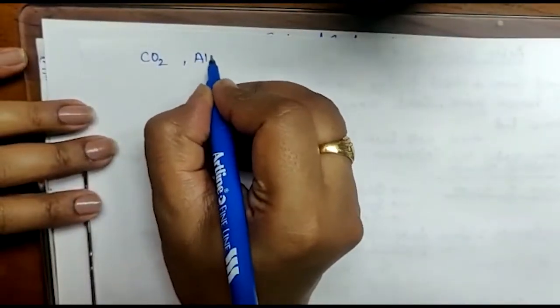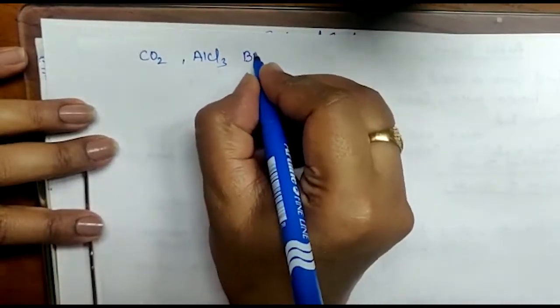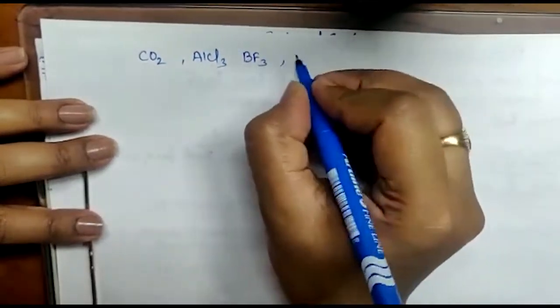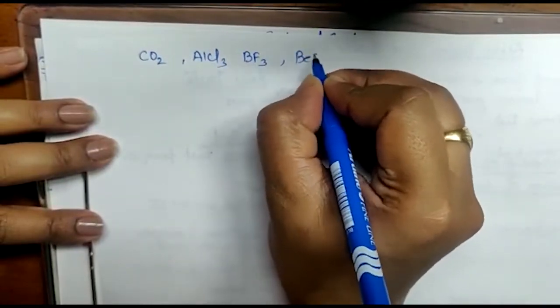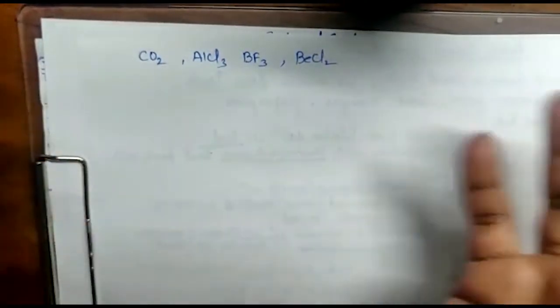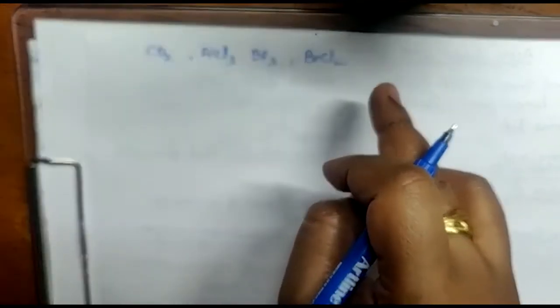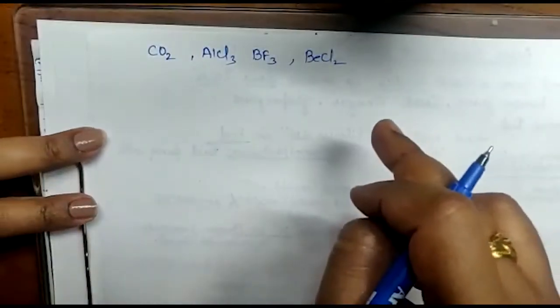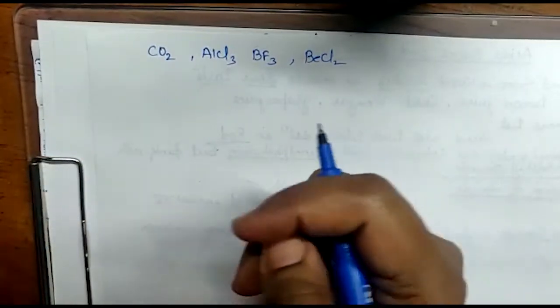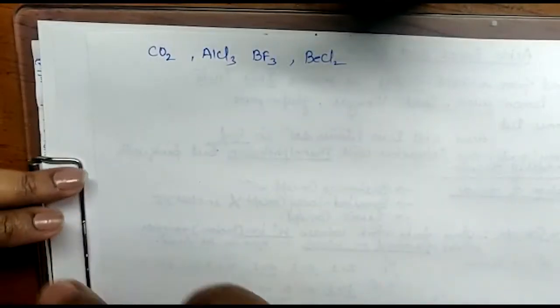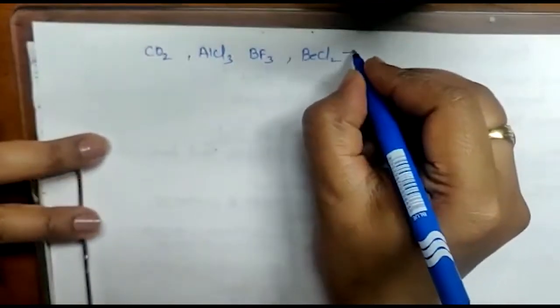So how? Like AlCl3. These are a few examples, like BF3, BeCl2. There are so many compounds which don't have hydrogen. If they don't have hydrogen, they can't give hydrogen, and if they can't give hydrogen, they cannot be considered an acid, but still they are acids.